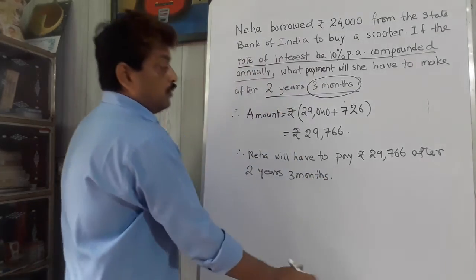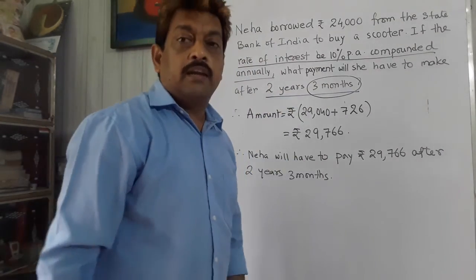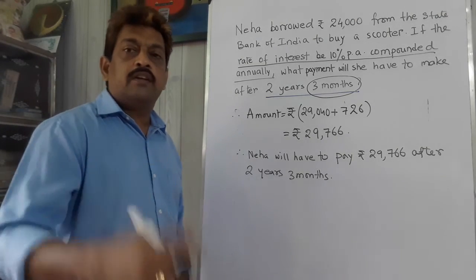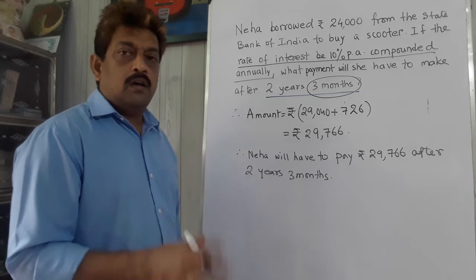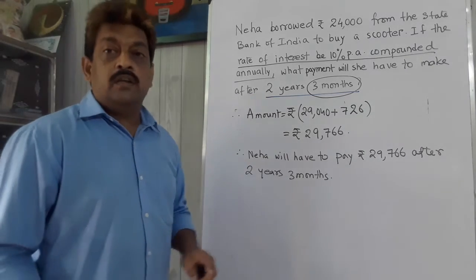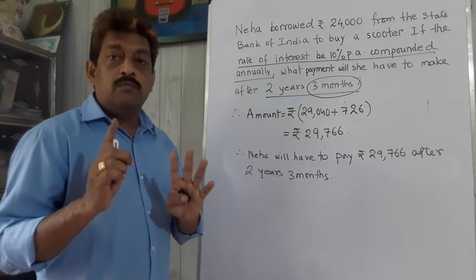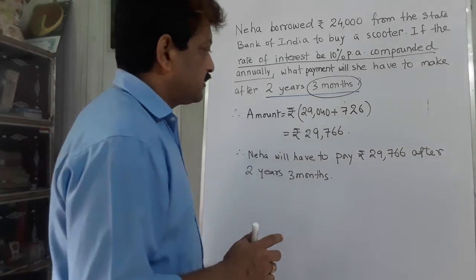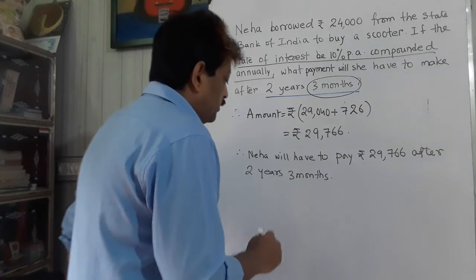Okay. So this is the way to calculate the amount if the time is given in fraction and the rate of interest is annual. Now if you are interested to calculate how much interest she is paying after 2 years and 3 months, so let me show it.